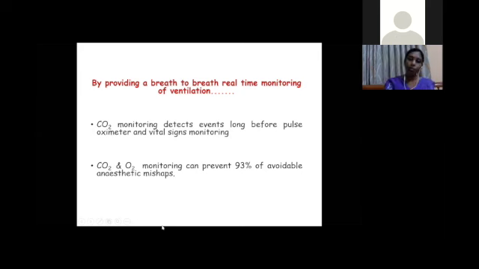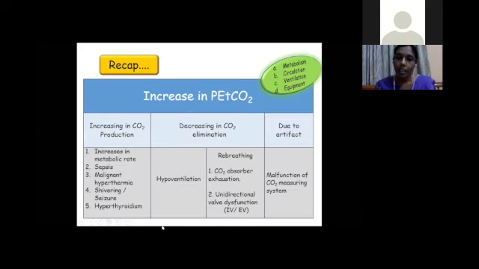To recap what we have said, what are the causes of an increased EtCO2 concentration? It can happen, like what we have seen, due to metabolism, circulation and ventilation, as well as equipment related problems. Increased carbon dioxide production can result from an increase in metabolic rate, such as in sepsis, malignant hyperthermia, seizure or shivering, and hyperthyroidism.